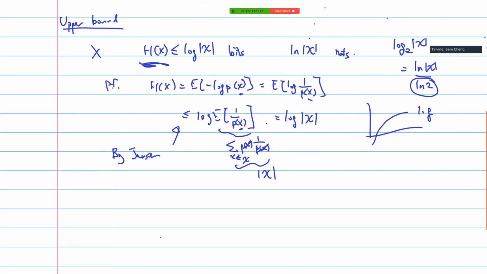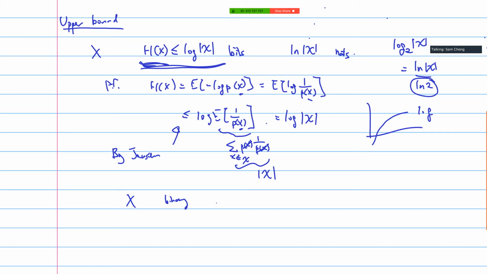Also, let's look at several examples for this simple upper bound. Let's say X is binary, for example flipping a coin, where I only have 2 outcomes.